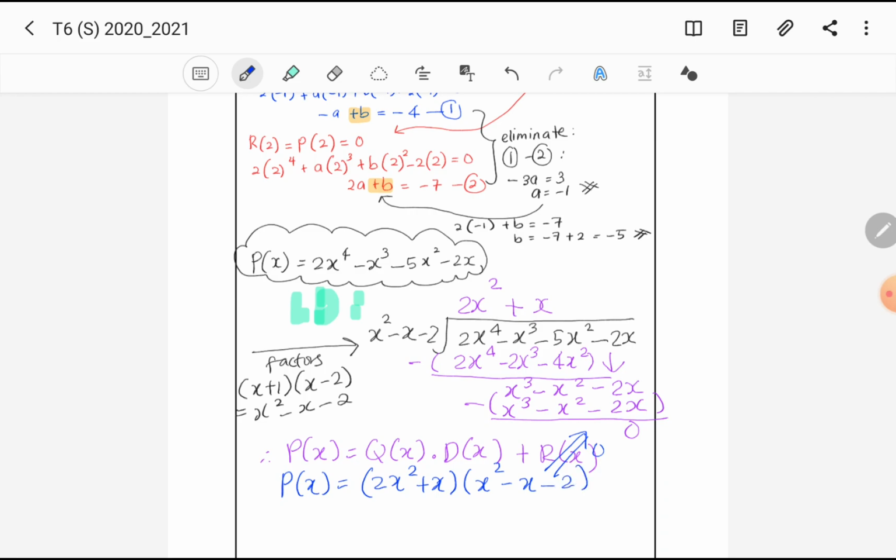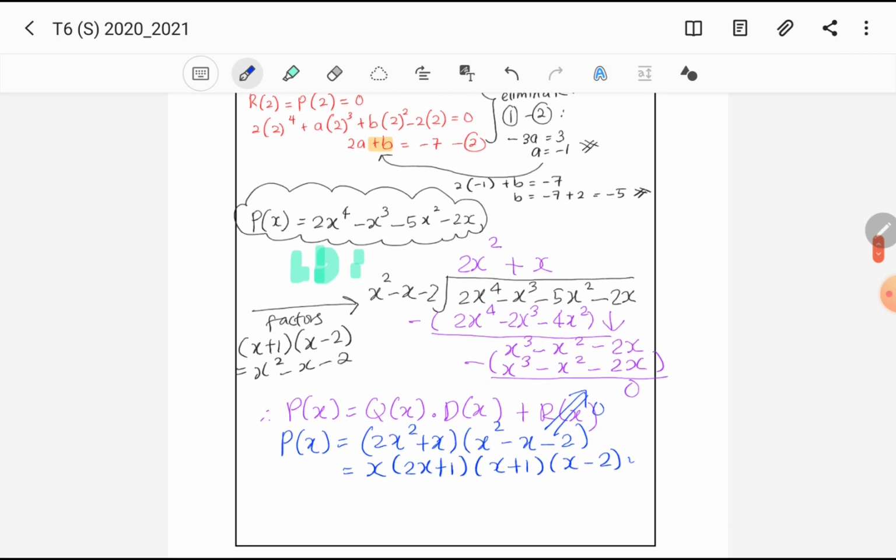Okay, soalan nak suruh factorize completely. So kena factorize sampai habis. So yang first bracket tu kita boleh tulis dia jadi x, next 2x plus 1. Okay, lagi the divisor tadi from x plus 1 times x minus 2. Okay, inilah dia punya factorization form. Okay, yang dia suruh factorize px completely tu, inilah jawapan dia.